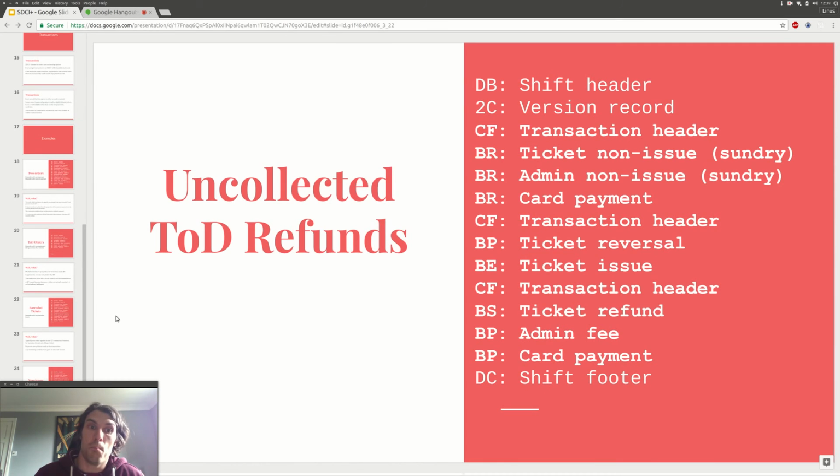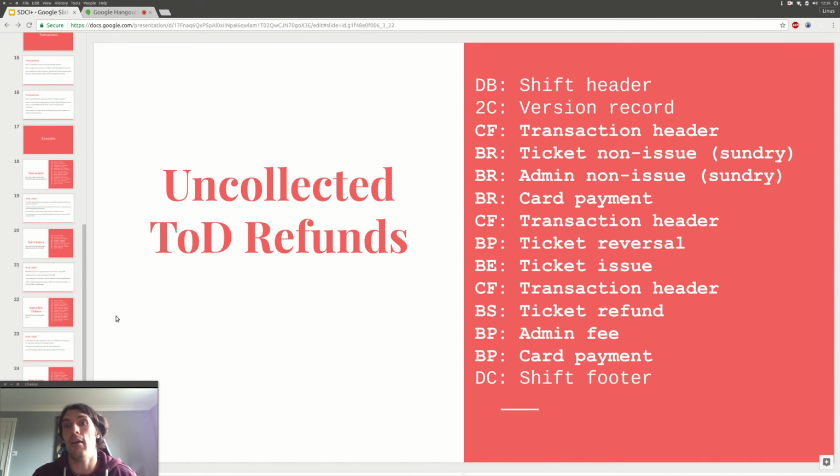Uncollected TOD refunds are a variation of that. Obviously, it's another type of refund, but previously I mentioned that TOD transactions are written as sundries because in the eyes of RDG and the TOCs, they are not tickets yet.